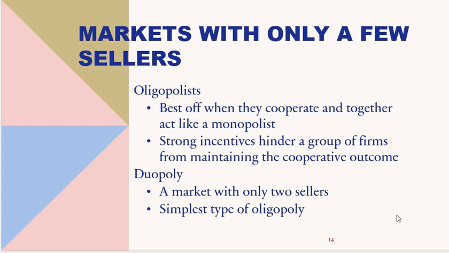It's still not a monopoly because you have more than one seller. Duopoly is considered to be the simplest version of oligopoly, and many game theory models are developed in the case of duopoly. Later in this lecture, we'll be talking about the famous prisoner's dilemma, and that is actually an example of a duopoly.